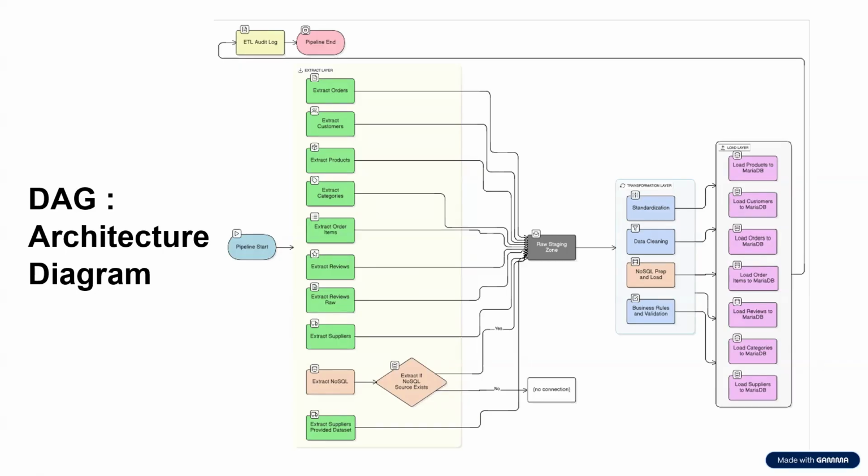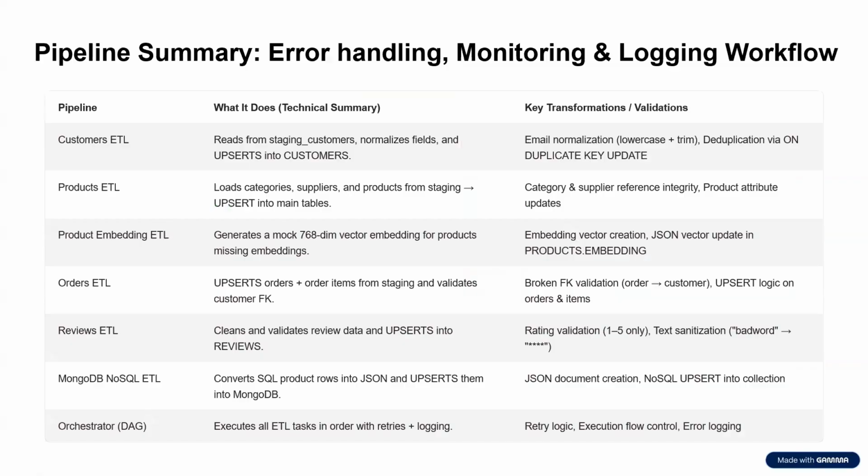Data is standardized, cleaned, and the data for NoSQL is also prepared, and some business rules and validations are done. After that, when the data is cleaned, it is loaded into the main tables, and then we see the logs in our ETL audit logs table, showing what data got entered, which data failed, and why it failed. And after that, the pipeline ends.